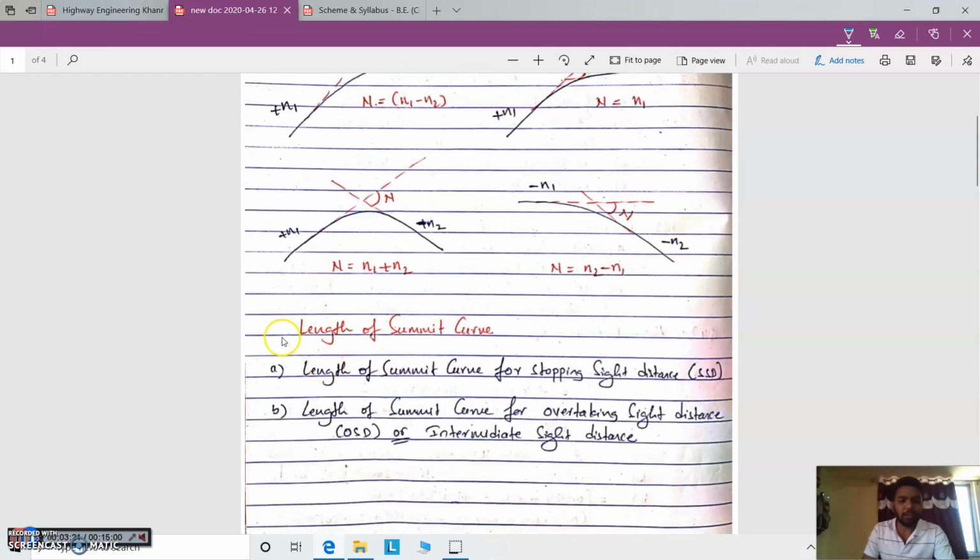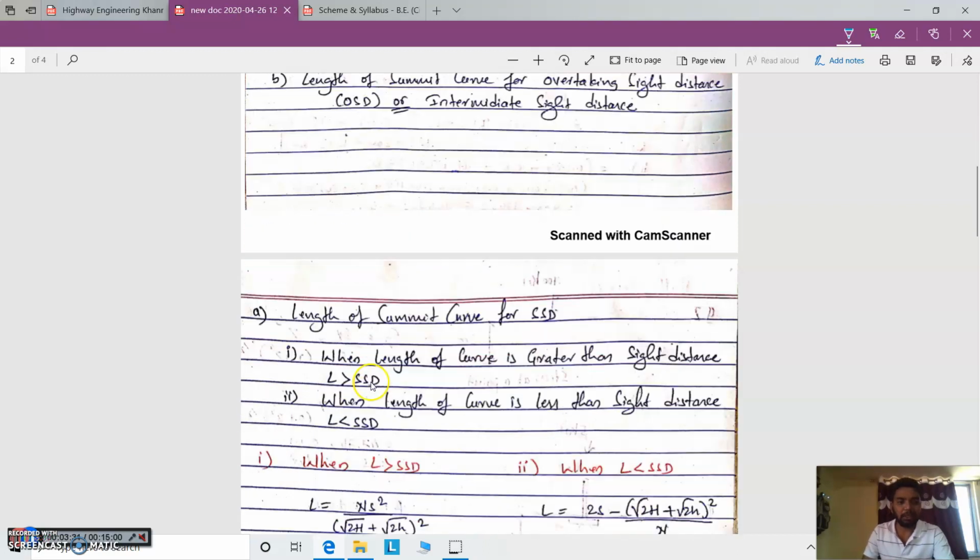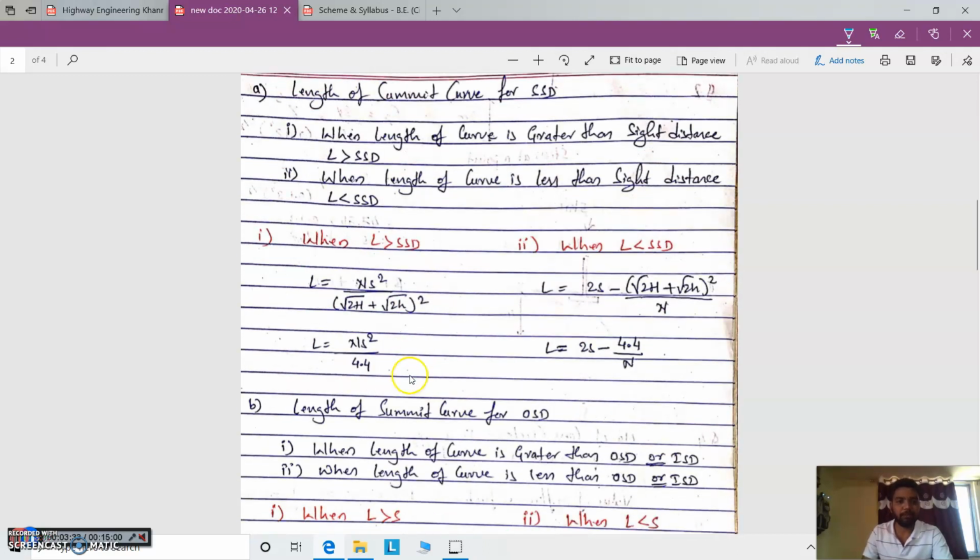Right. Here the length of the summit curve can be determined by two conditions. One condition is stopping sight distance and another condition is overtaking sight distance or intermediate sight distance. For stopping sight distance, the analysis is done when the length of the curve is smaller and when the length of the curve is larger compared to the stopping distance.